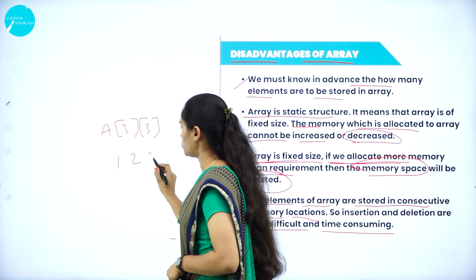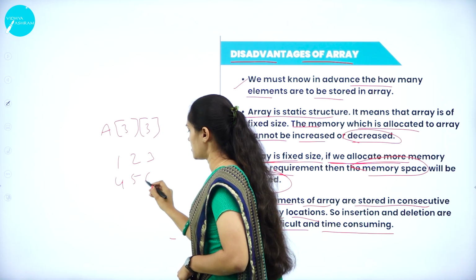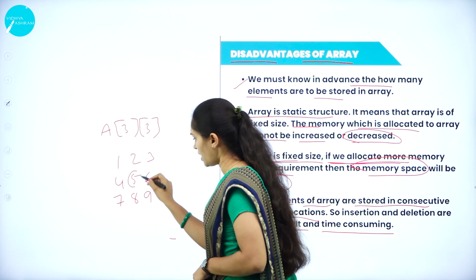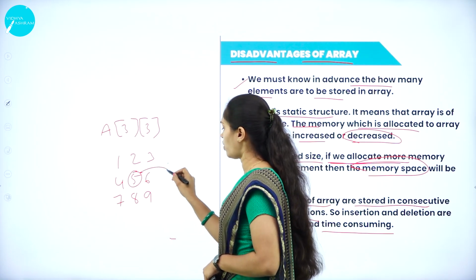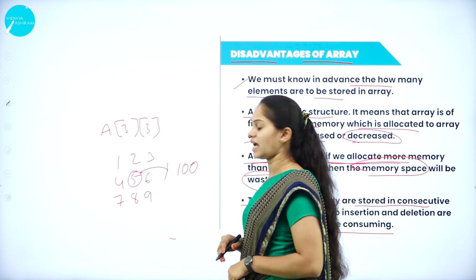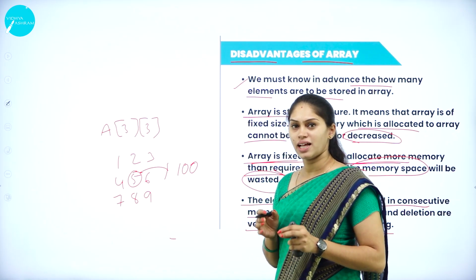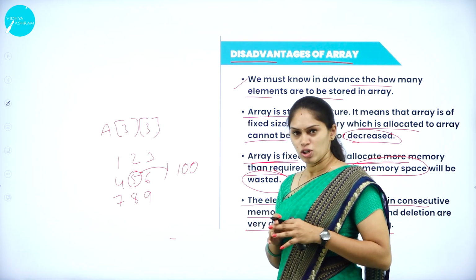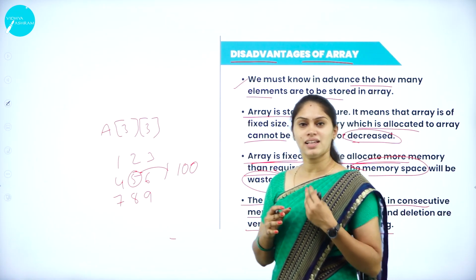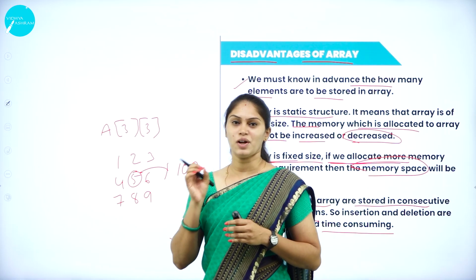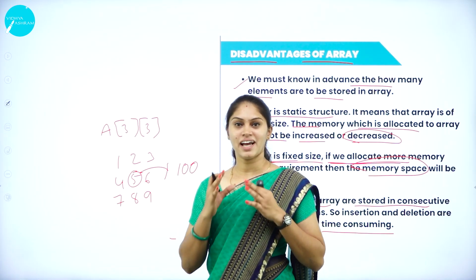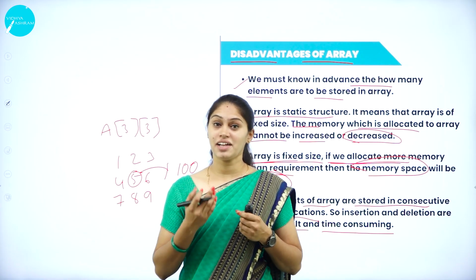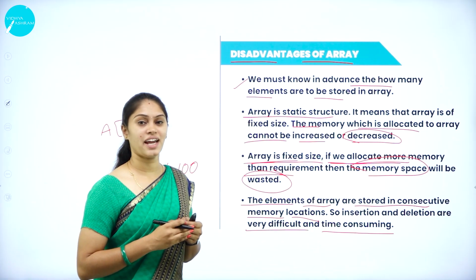Already I have 1, 2, 3, 4, 5, 6, 7, 8, 9, but in this place I just want to place 100. That means I want to change the data value at that particular location. But since an array is a static structure, I cannot insert or delete an element as per my requirement. It will be very difficult and take more time.